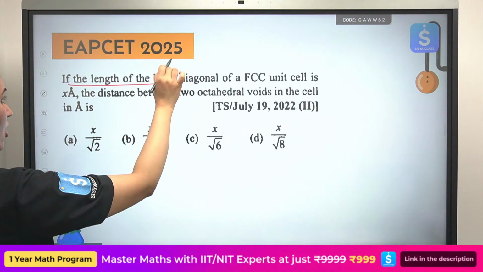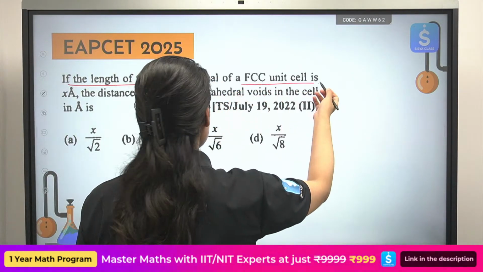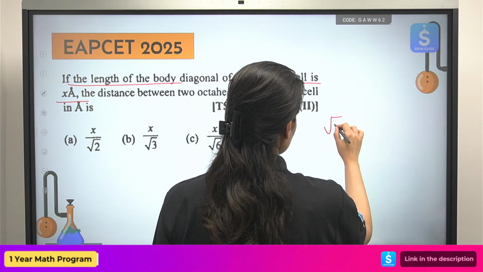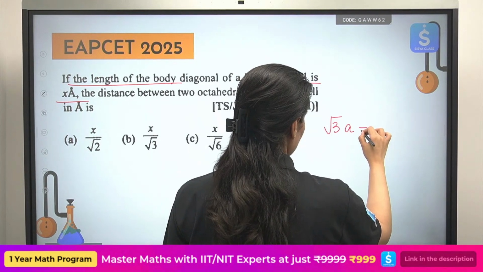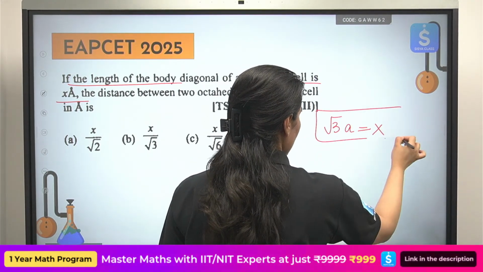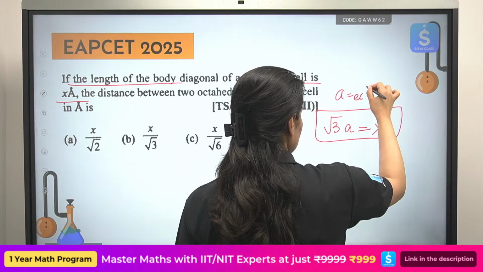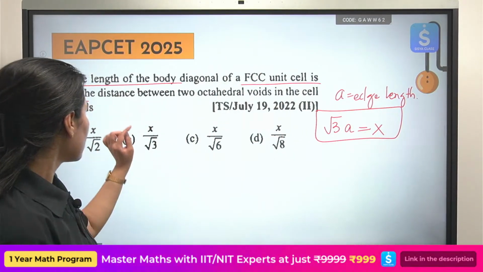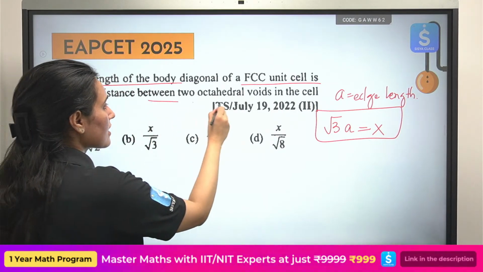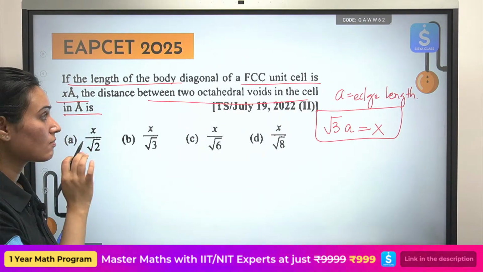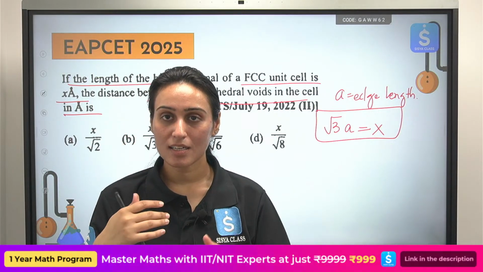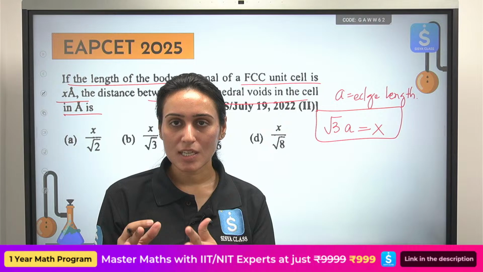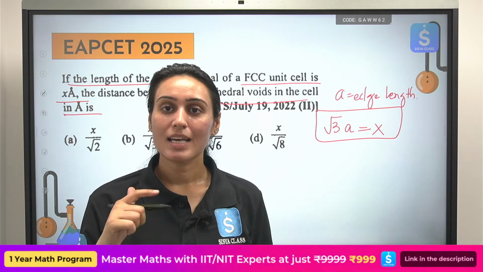If the length of the body diagonal of a FCC unit cell is x angstrom, for the body diagonal, the length is √3a. It is given to us as x, where a is your edge length. Now read the question. The distance between two octahedral voids in the cell in angstrom is... The distance between two octahedral voids you have to tell in terms of x. So what is the distance between two octahedral voids in terms of edge length that you should know about?